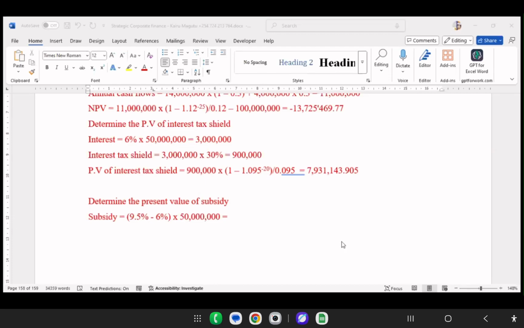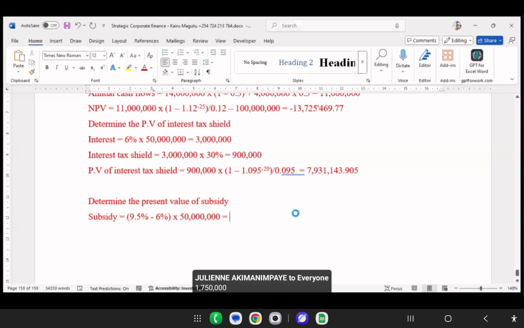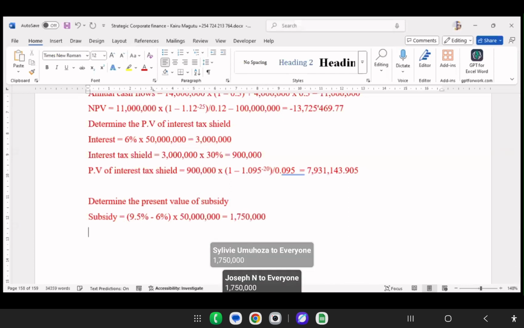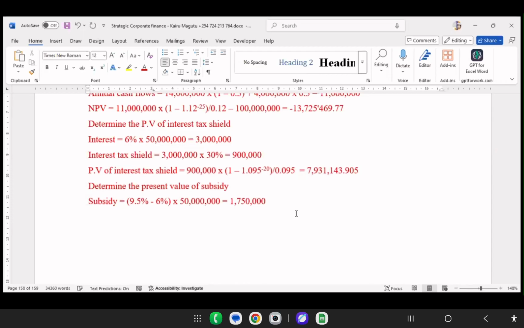This is 1,750. Can we confirm? I see a majority says the subsidy is 1,750. This one will apply for the period of 20 years, because the loan is given for 20 years. Then we get the present value of the subsidy.